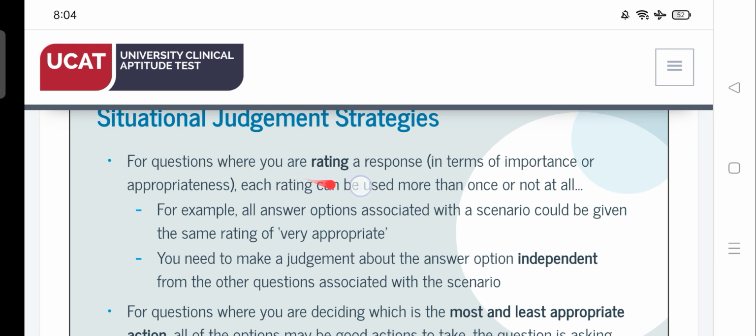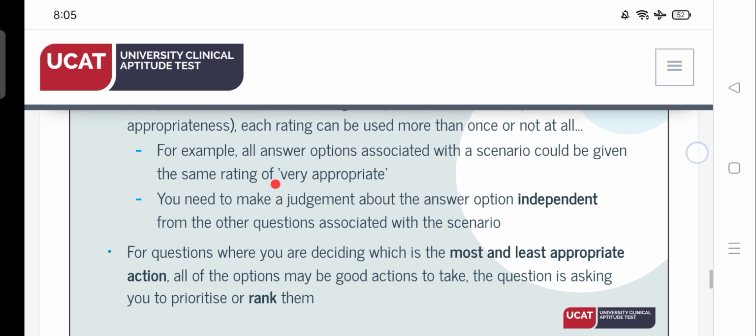For questions where you are rating a response in terms of importance or appropriateness, each rating can be used more than once or not at all. For example, all answer options associated with a scenario could be given the same rating of very appropriate.